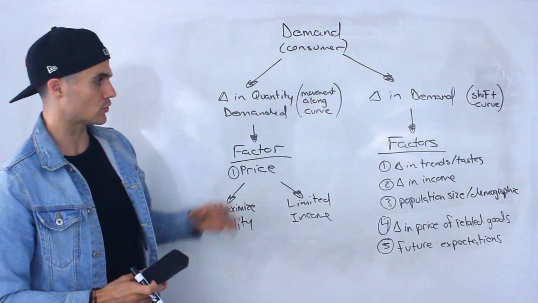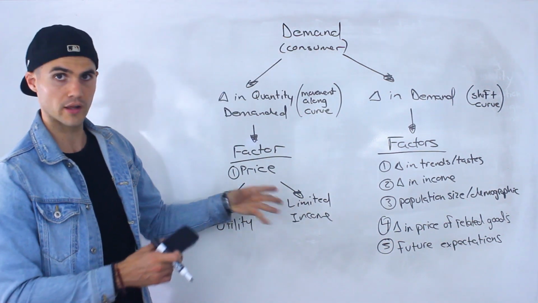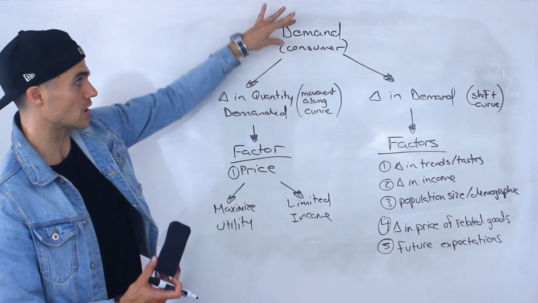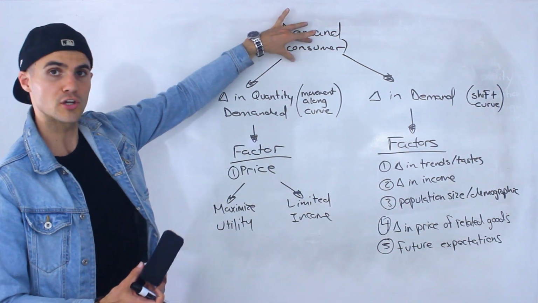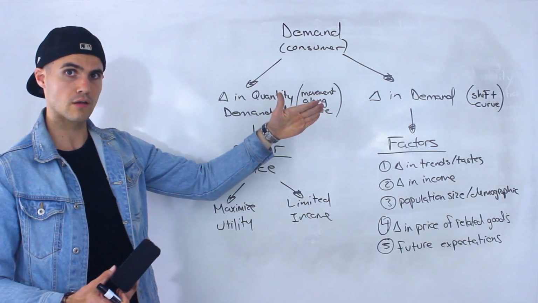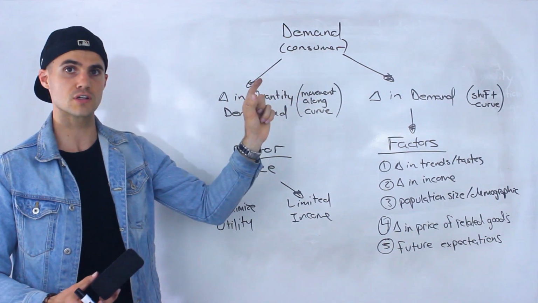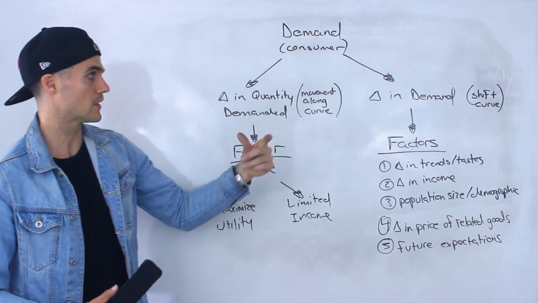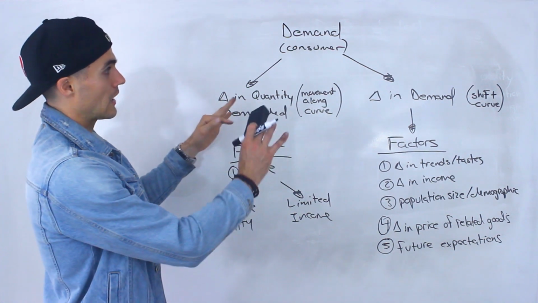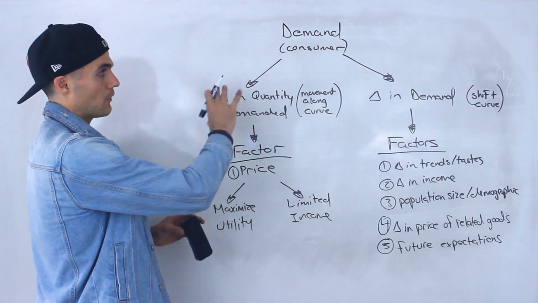So to do a quick little review of what we just went over in all the videos regarding demand, we talked about how demand is, from the consumer's perspective, how much of a good or service a consumer is willing to consume. And then we talked about how demand could be affected.